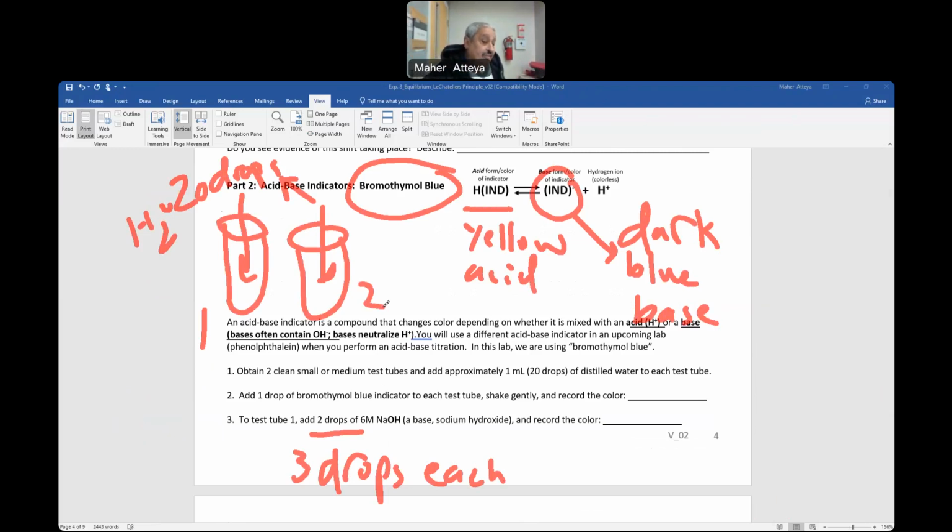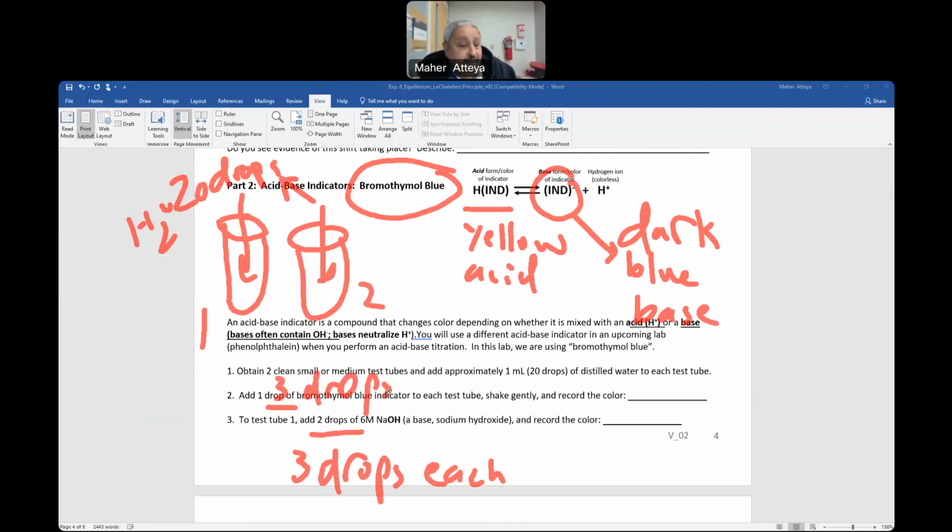Now we'll add sodium hydroxide as a base, and you'll add HCl as an acid. Here you can follow whatever it says, but it does not really matter. So you'll add 3 drops of the indicator, not 1 drop, maybe more, 3 drops maybe. I wanted to see the difference here.